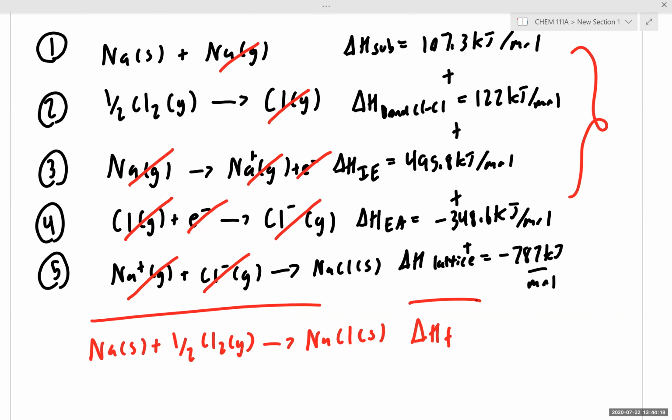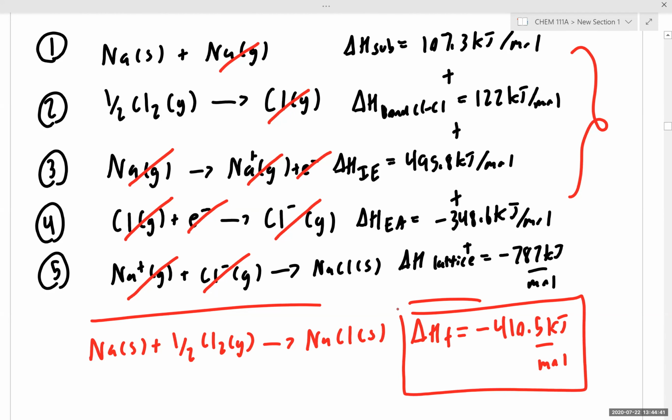So we have 107.3 plus 122 plus 495.8 minus 348.6 minus 787, and that gives us an enthalpy of formation of negative 410.5 kilojoules per mole. So the Born-Haber cycle is a very pure application of Hess's law to solve for an unknown enthalpy.